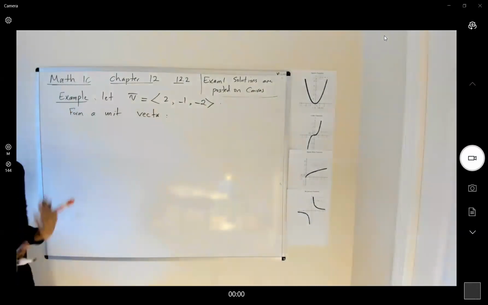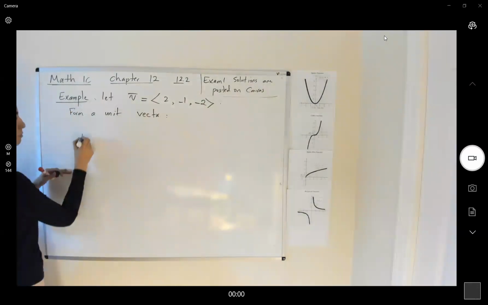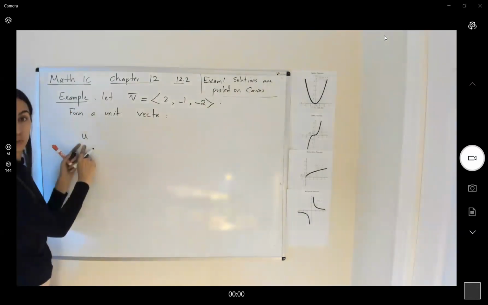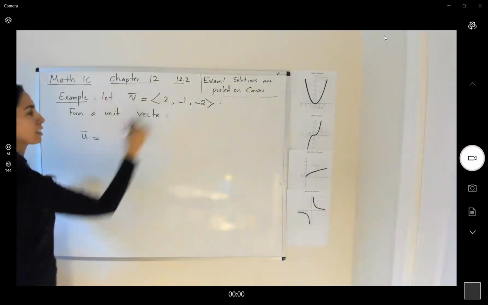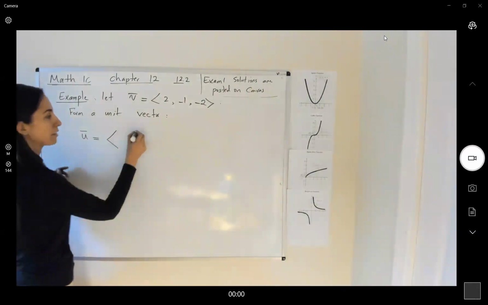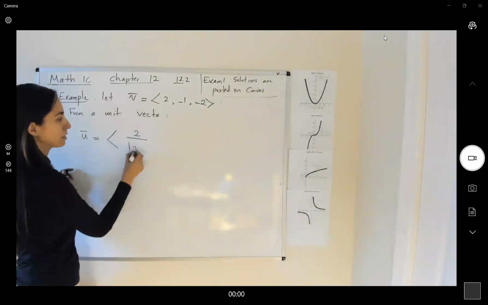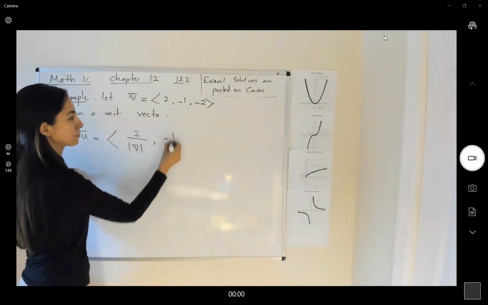To form a unit vector, let us call this new vector U. It is equal to, we take the components of vector V and we divide them by the magnitude of V.